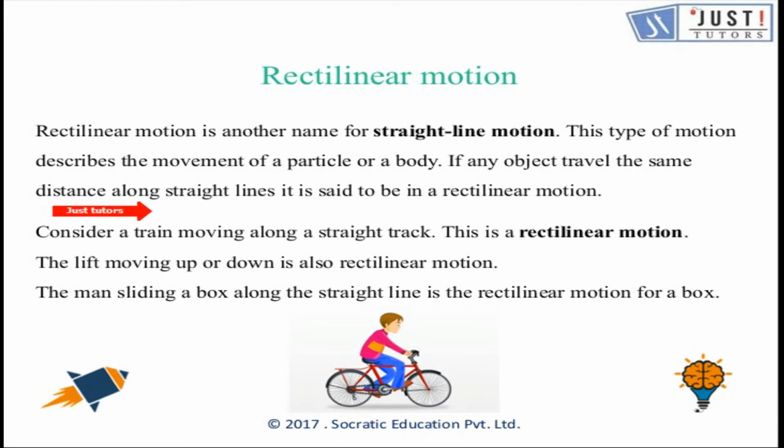So all these motions are an example of rectilinear motion. Even when a man is sliding a box in a straight line, it's also an example of rectilinear motion. So whenever any object is traveling in a straight line, they all are examples of rectilinear motions.